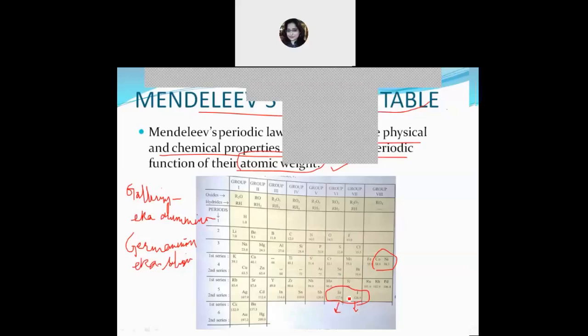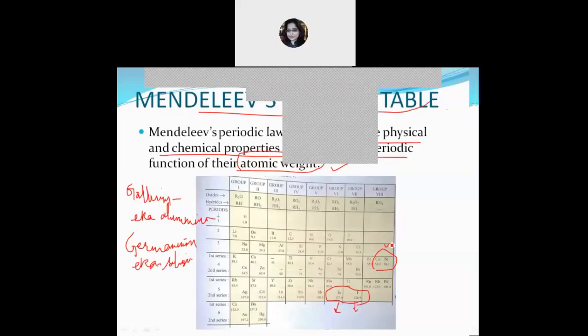It is because iodine has the same properties as bromine, chlorine, and fluorine. That is why he placed iodine with those elements which have similar properties. Same is the case with cobalt and nickel. This discrepancy disappears if the elements are arranged in order of increasing atomic number.